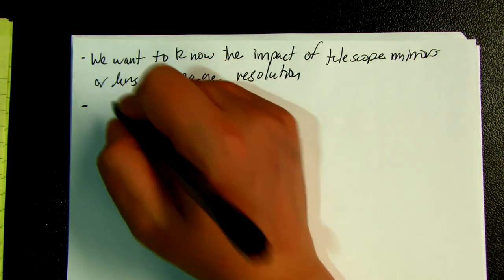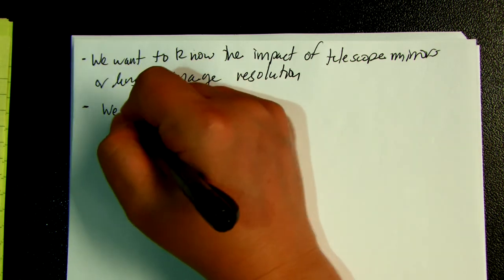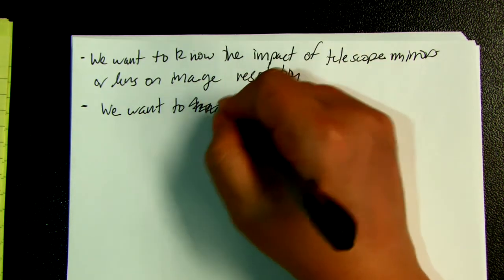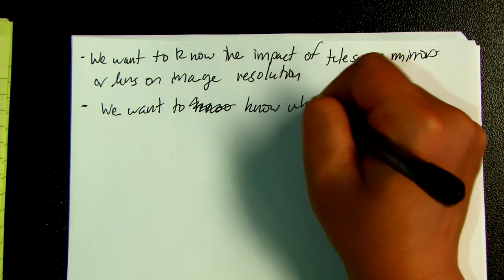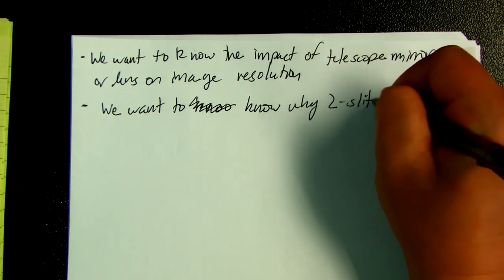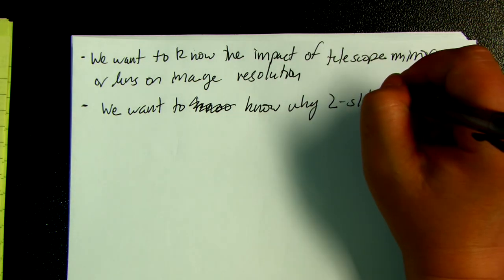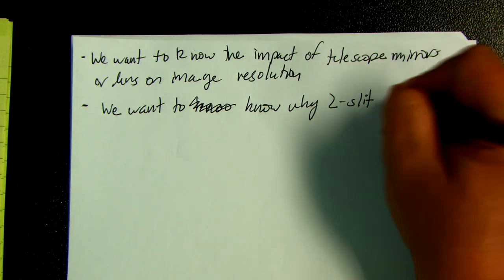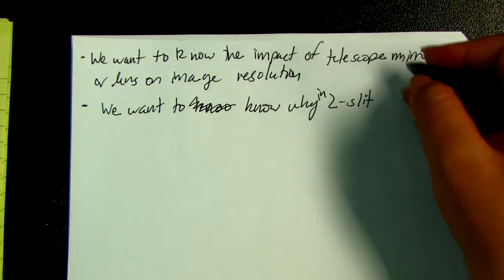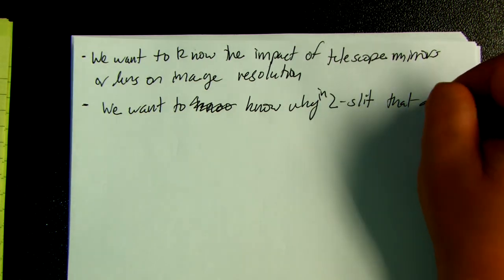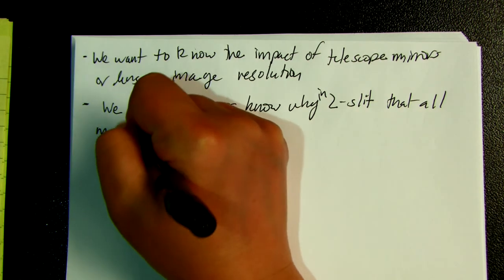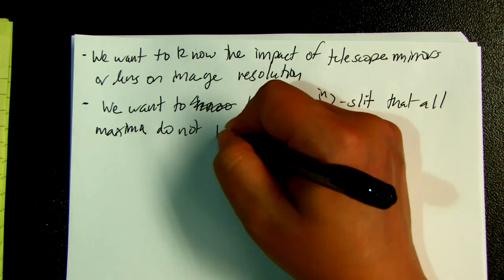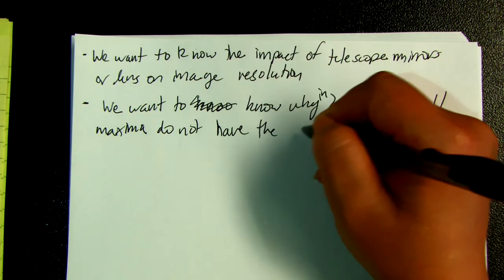We also want to know why, in two-slit interference, all maxima do not have the same brightness, which is true.